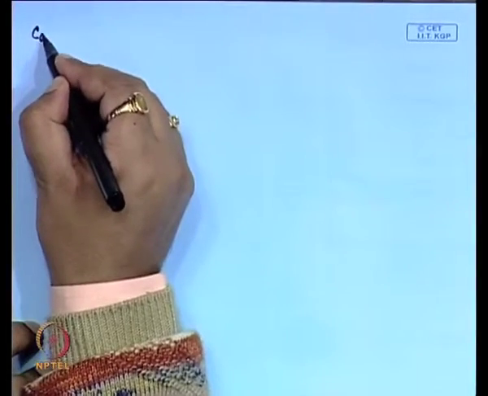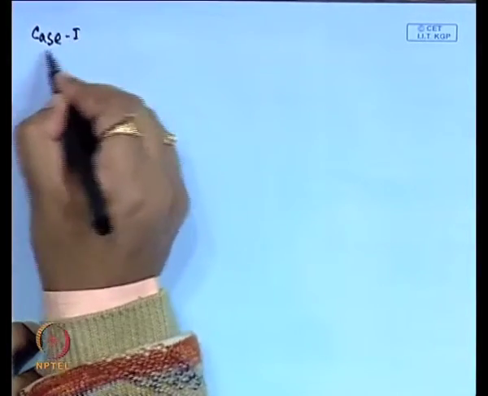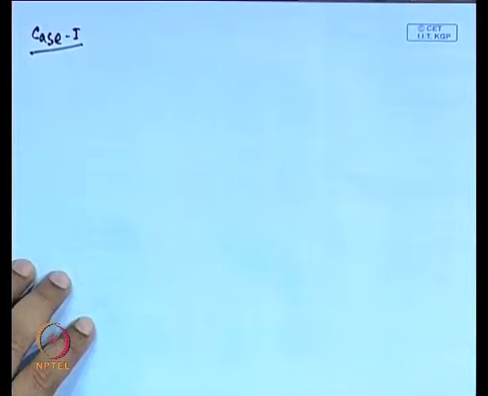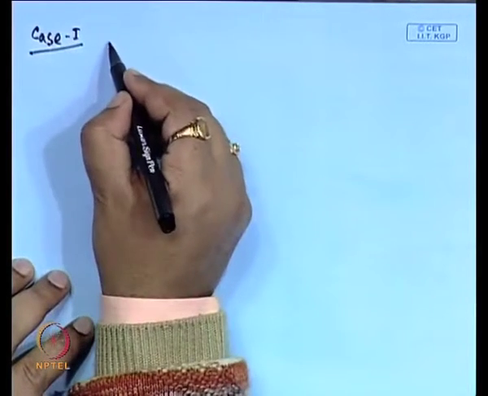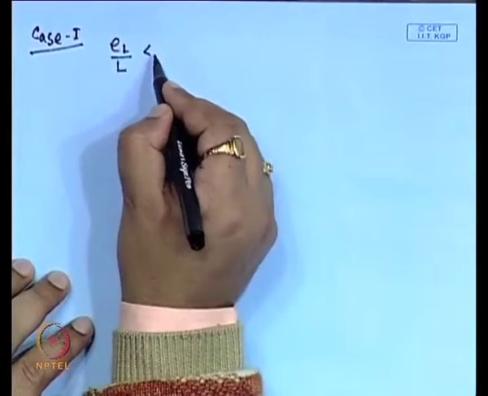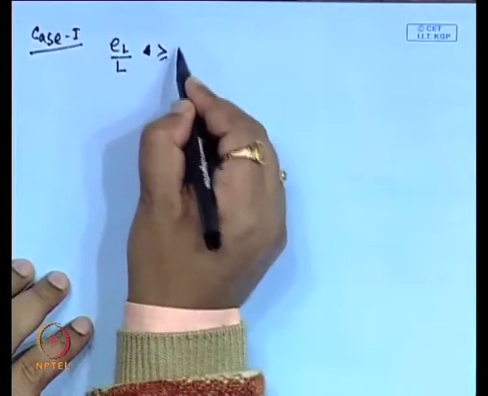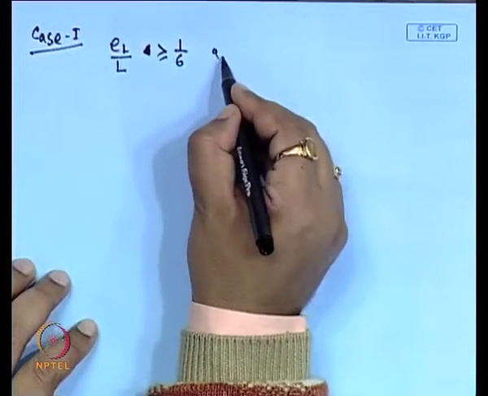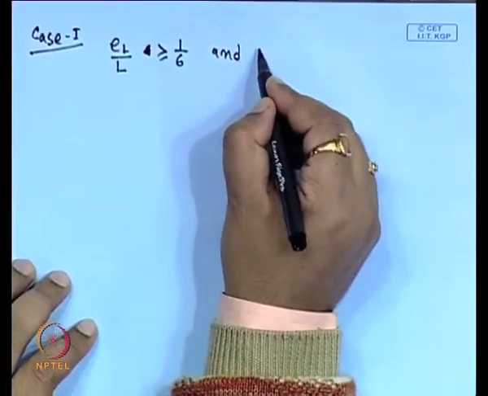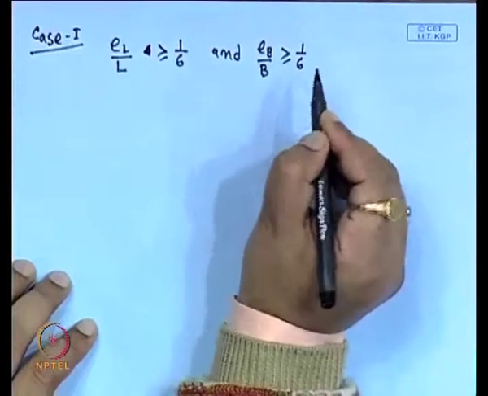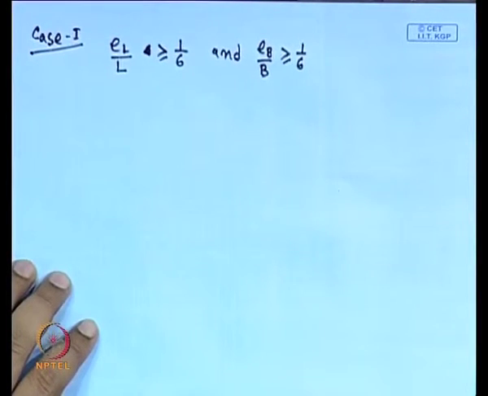Suppose the first case that I will discuss, that is case 1. In this case, the condition is that our E L divided by L is greater than or equal to 1 by 6, that is one condition, and E B by B is also greater than or equal to 1 by 6.